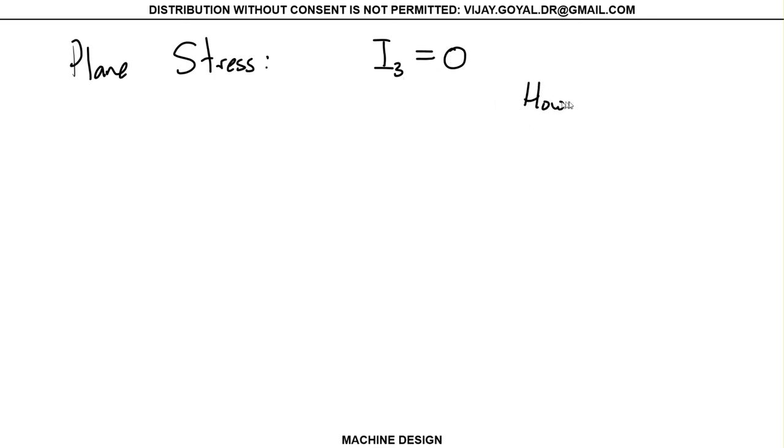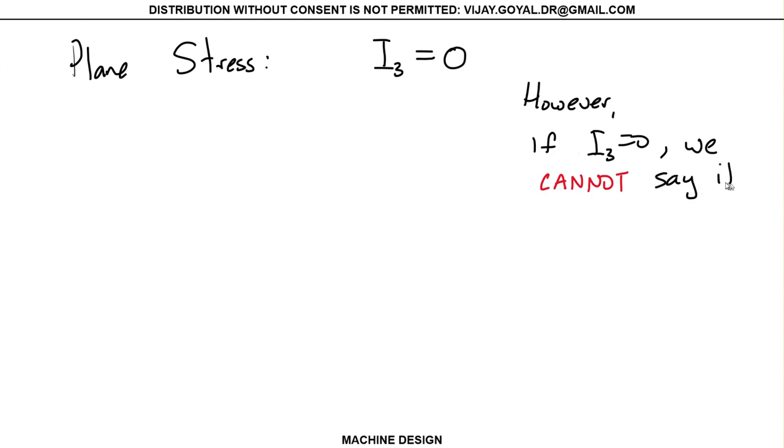However, the opposite is not true. So if sigma 33 is 0, we cannot say it is plane stress.